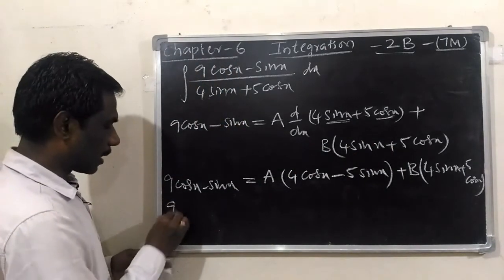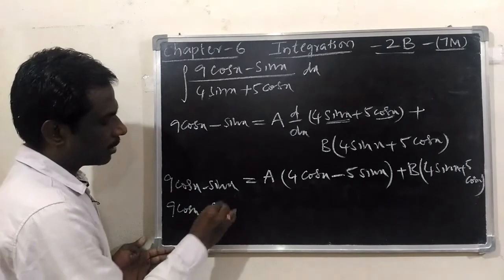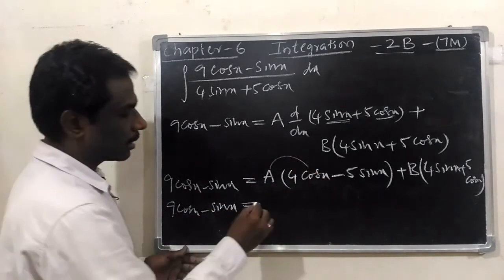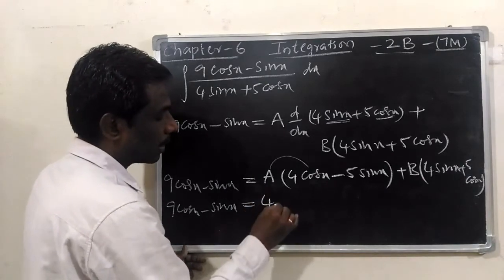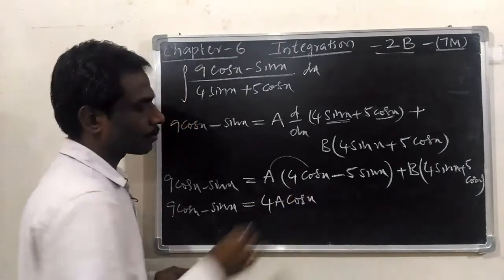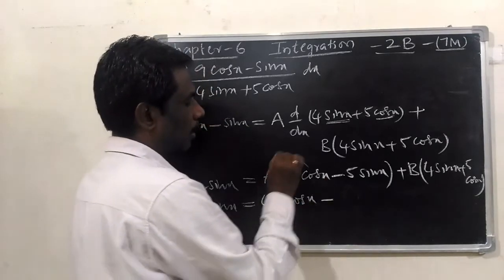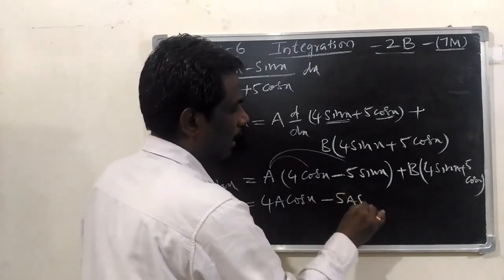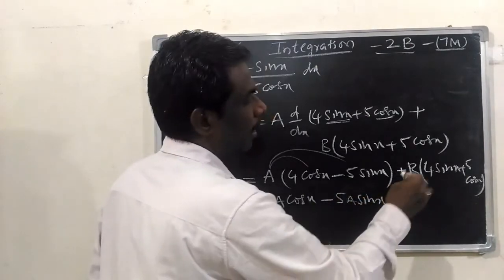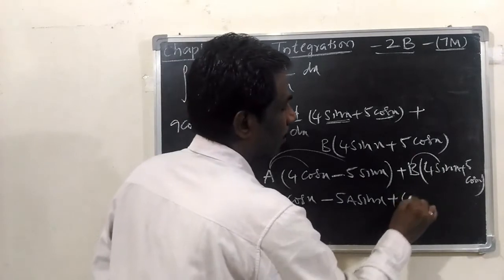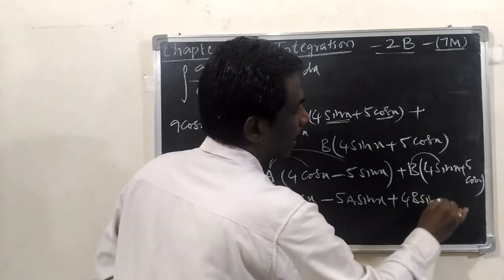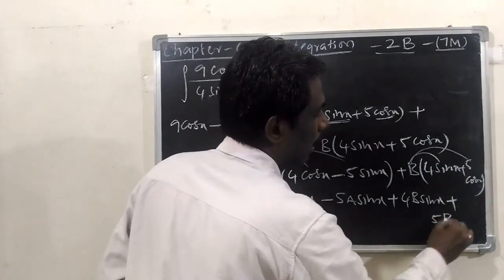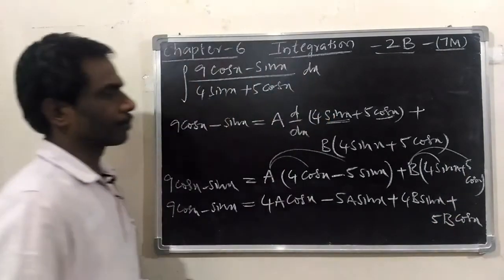See, I am writing here 9 cos x minus sin x as it is equals 4a cos x minus 5a sin x plus 4b sin x plus 5b cos x.